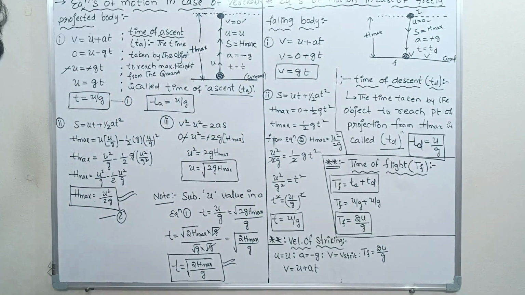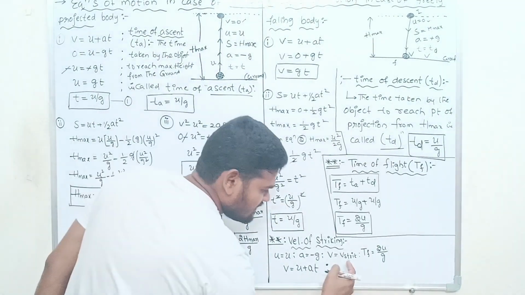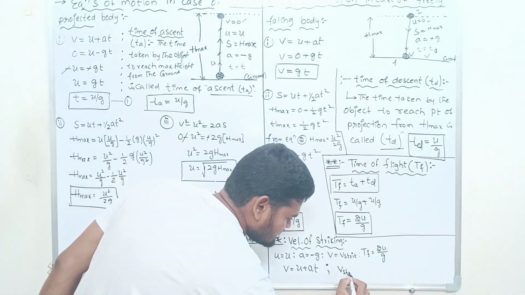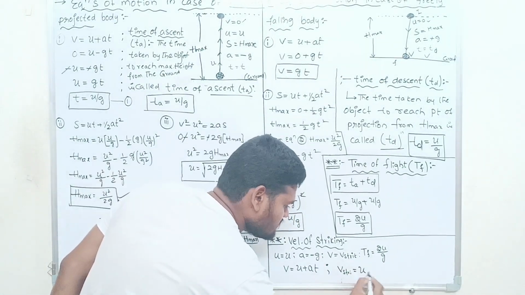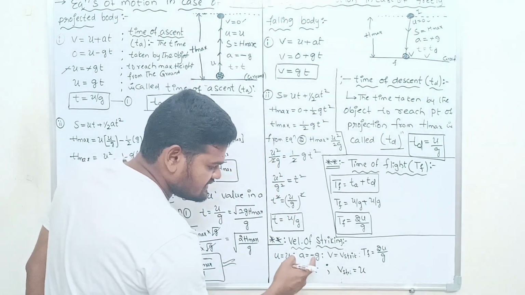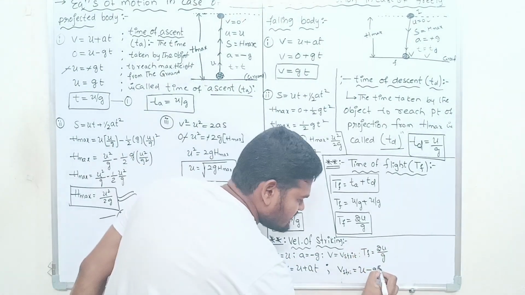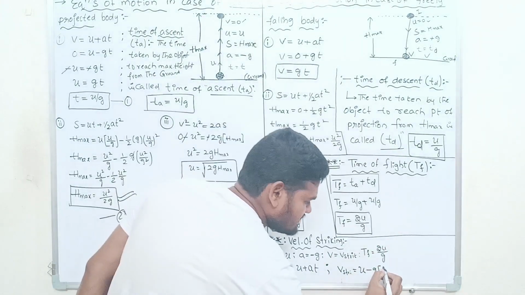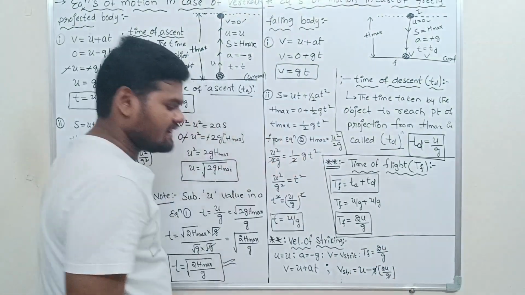Are you able to see the board? Right. So just substitute all these things. What is v? v is nothing but the velocity of striking, which is equal to u plus a, which is minus g, times the time of flight, which is 2u by g. So g gets cancelled out.